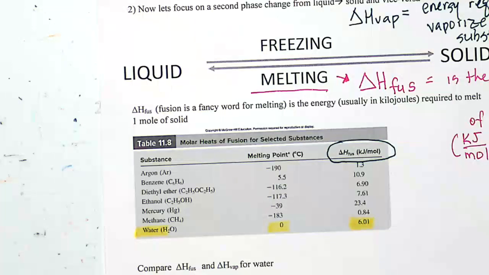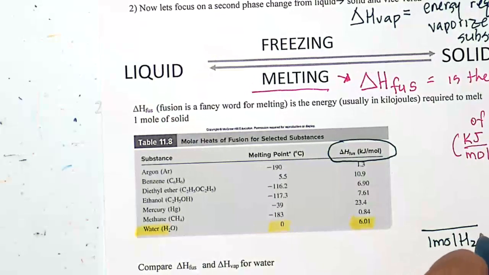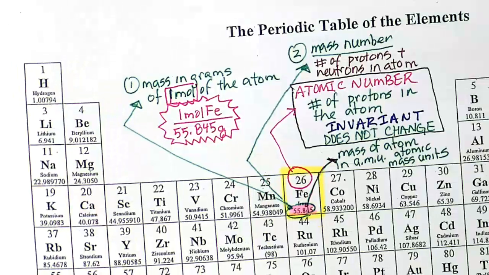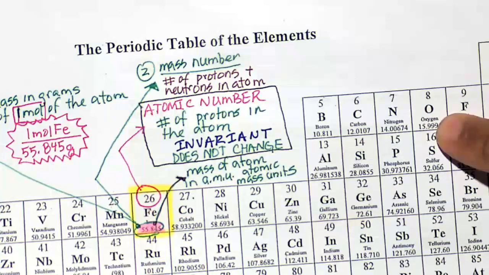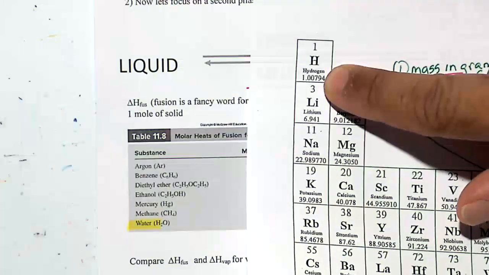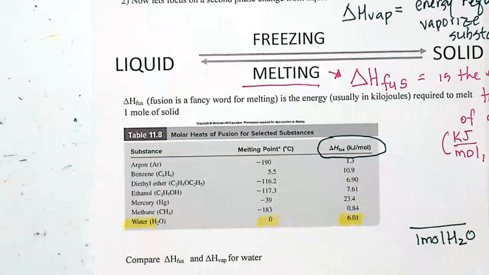Anybody know how much 1 mole of water weighs? How much does 1 mole of water weigh? Like 18. Correct, it's 18. Remember how we did that from Gen Chem 1? H2O, we have 16 from oxygen and about 1 from hydrogen. But why do we multiply this by 2? Because we've got 2 hydrogens.